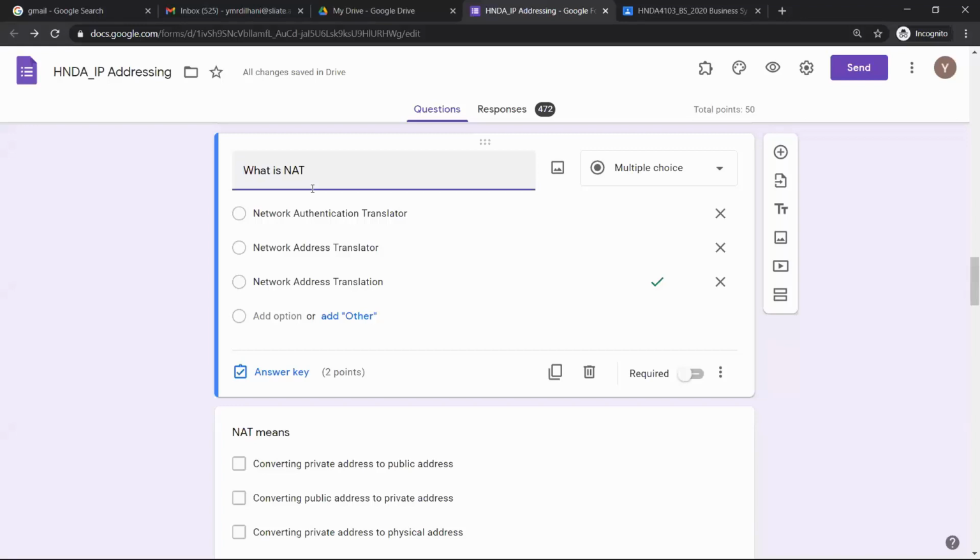That means within your network, internally you have private address and externally you have public. So when you want to access outside, you will have to convert private address into public. That process is called network address translation, and that could be simply referred to as NAT. So NAT means network address translation. This is the process which is used to convert your private addresses into public addresses and vice versa, right?